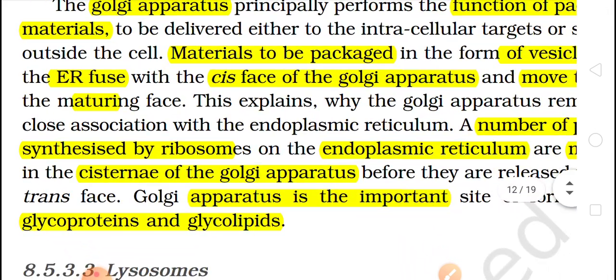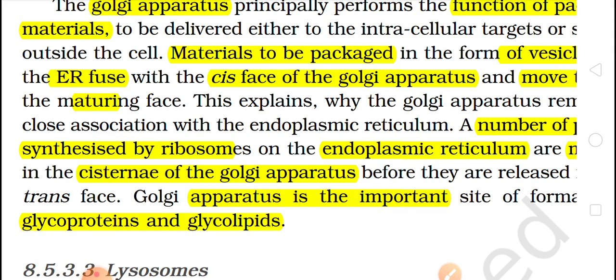Now the functions of the Golgi apparatus, children. The Golgi apparatus has an important function in the packaging of proteins. Okay, so basically proteins are packaged by the Golgi apparatus and they are also modified. So modification and packaging of proteins takes place in the Golgi apparatus. Okay, and the Golgi apparatus is also an important site for the formation of glycoproteins and glycolipids.